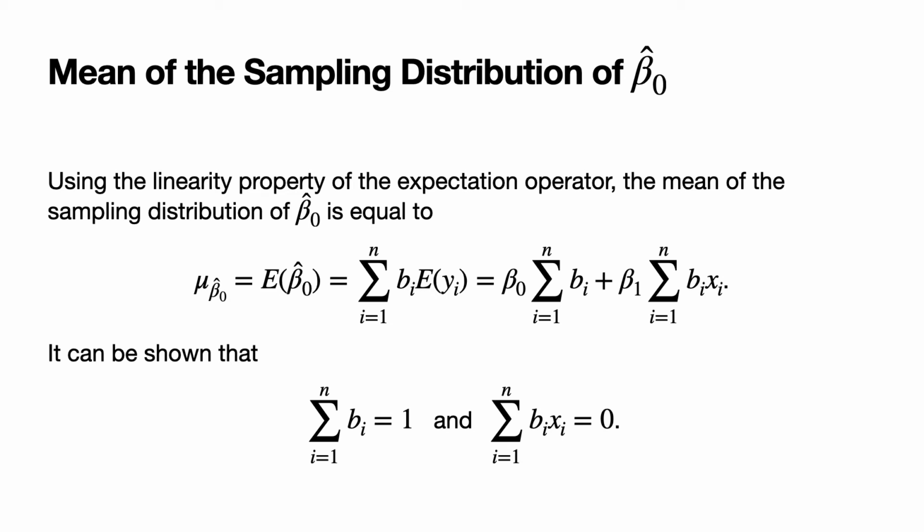And we've already found the expected value of y sub i on a previous slide. And so if we plug that in, this expression is equal to beta 0 times the sum of the b's plus beta 1 times the sum of b sub i times x sub i. Now, it can be shown that the sum of the b's is equal to 1, and the sum of the products b sub i times x sub i, i going from 1 to n, is equal to 0.